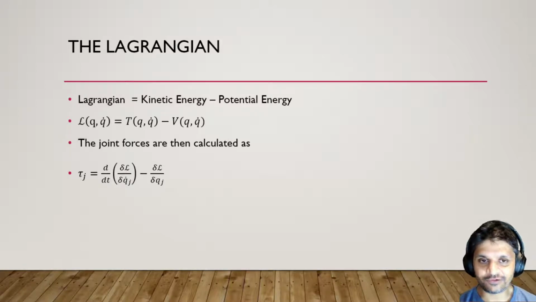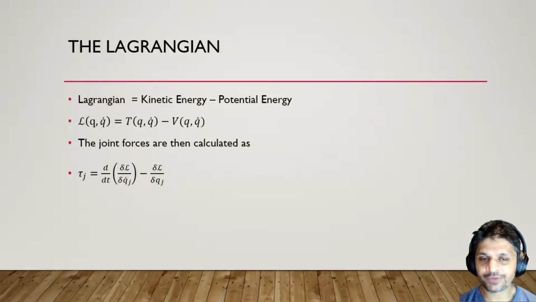The kinetic energy is a function of the state and velocity, and the potential energy is also a function of the state and the velocity. We call the kinetic energy T and the potential energy V. When we've got this expression, it allows us to calculate the joint forces, the torques acting on our joints, or on our control points.